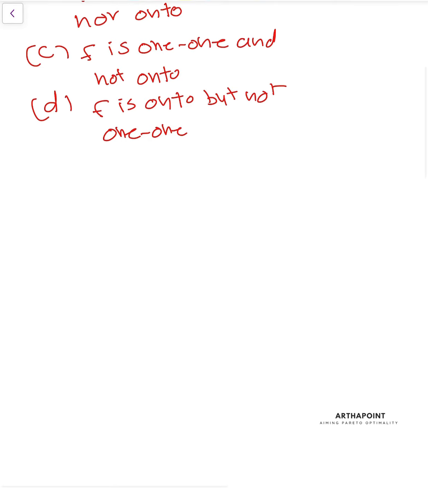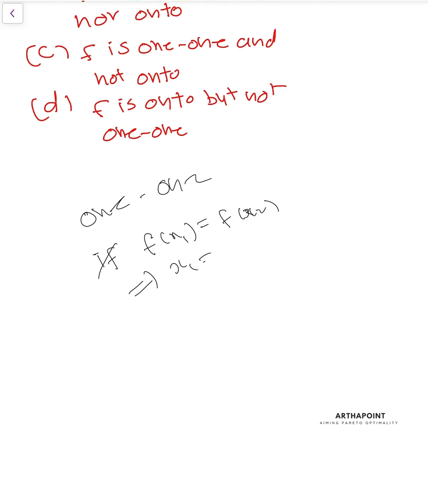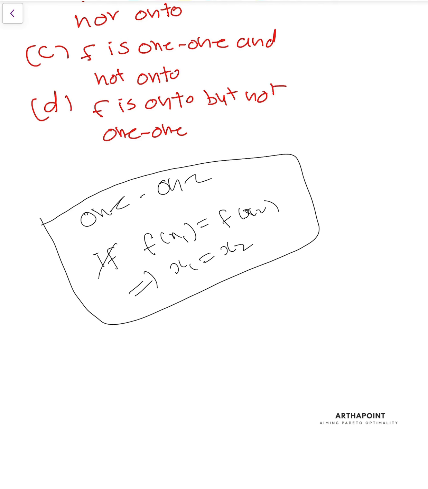Normally we check 1-1 function with the condition if f(x1) is equal to f(x2) implies x1 is equal to x2. This is what we normally check for 1-1 function.